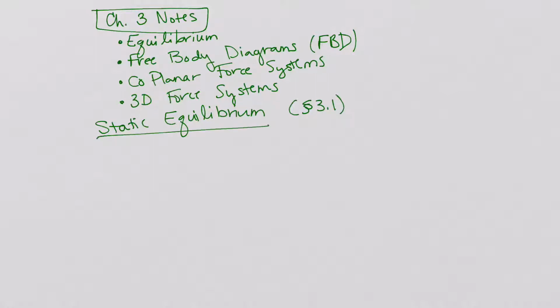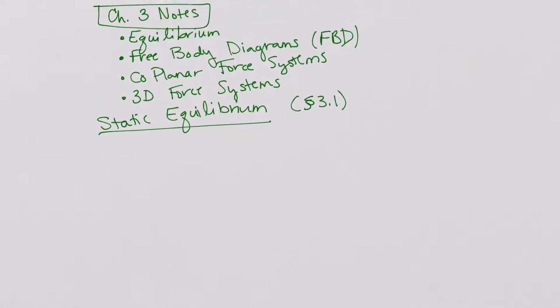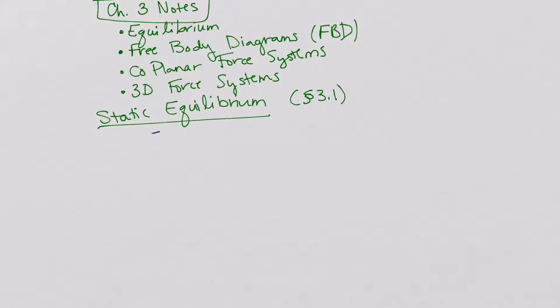And basically with static equilibrium, the main equation that we're going to be dealing with in this class is that the sum of the forces equals mass times acceleration. This is Newton's first law of motion.